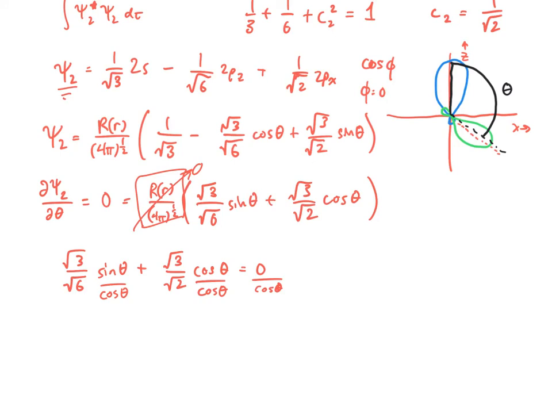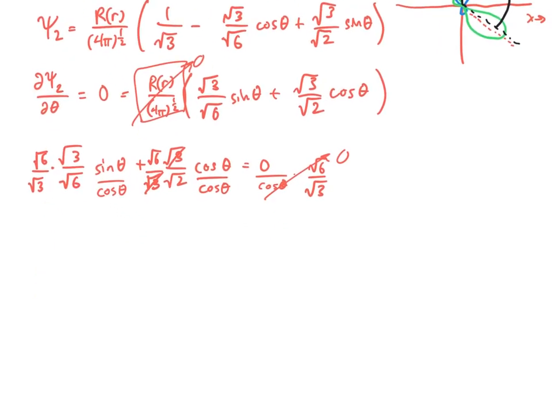And then I'm also going to multiply everything times the square root of 6 over the square root of 3. Those are going to cancel out. Of course, that doesn't matter. That just goes to 0.